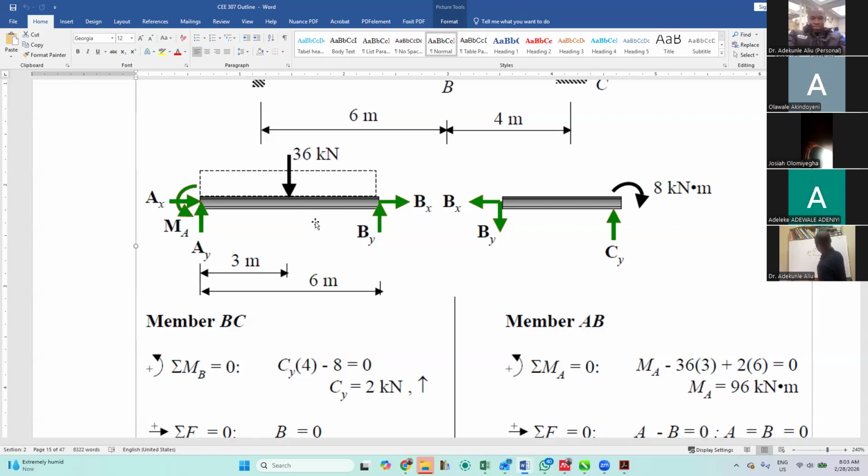And then we adopted this sign convention. This is positive. So let us look at this member A to B now. We want to look at what we're going to have. Where are we taking moment to? We are taking moment to this particular point. After breaking it down the other time, we said our disjointed member is this, that the one coming here is our AY.